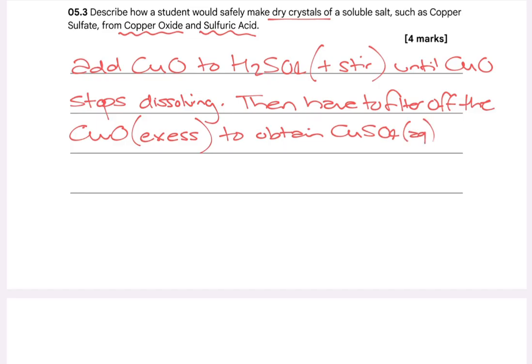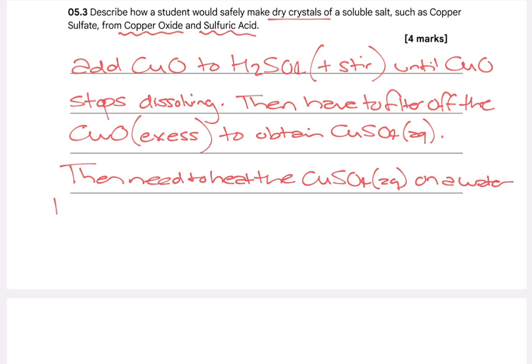So that's the aqueous part. Once we've got that copper sulfate solution, we then need to heat that filtrate. We're going to heat the copper sulfate solution, but we're going to do it safely, which means we're going to do it on a water bath.